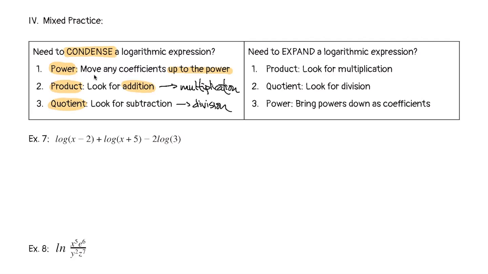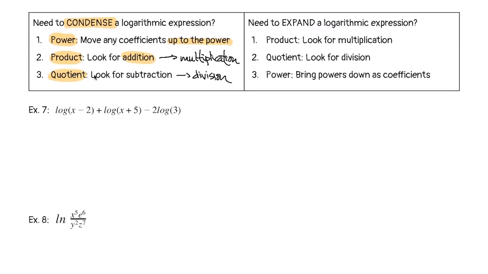So let's take a look at number 7 here. I think number 7 is a good example of one where I need to condense. And again, I know that because I have so many logs. Okay. Now on exams and such, I try and be more direct about the instructions.